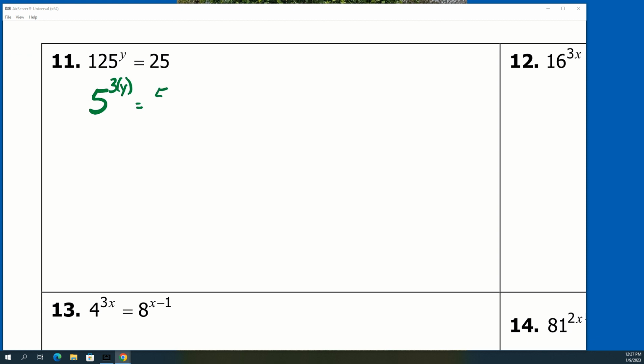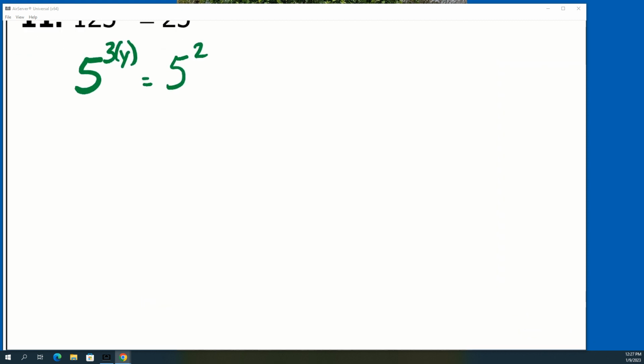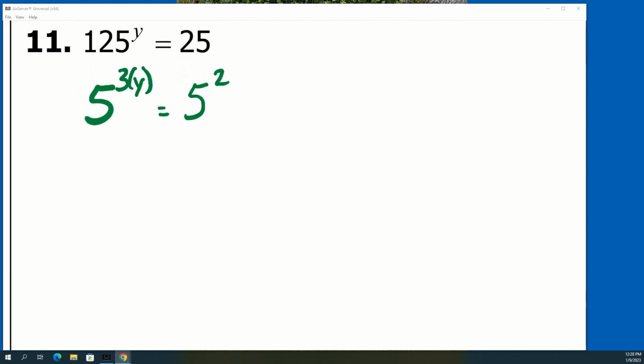And then for 25, it's going to be 5 to the second power. As soon as you have them with the same base, you can set the exponents equal. So we can go ahead and drop off the 5s and say that it's 3y equal to 2. And then to solve it, we would just divide by the 3.